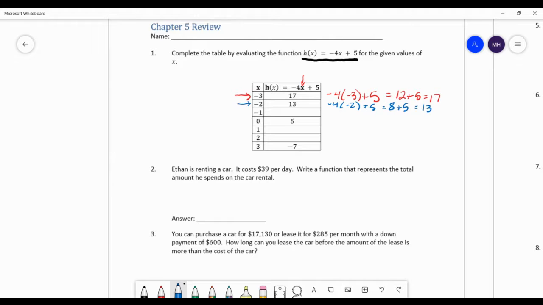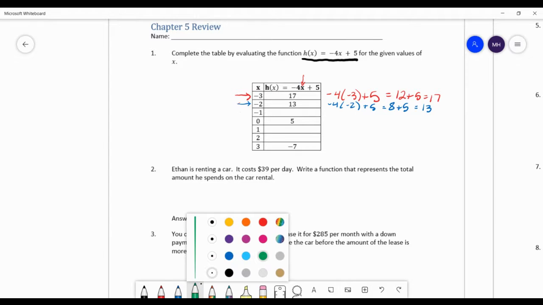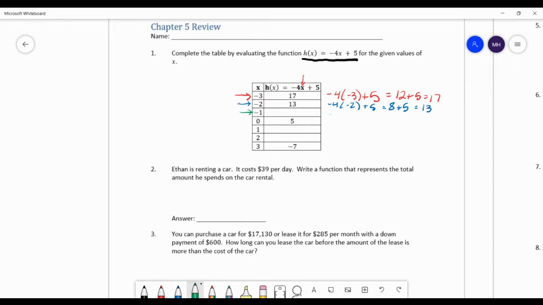Okay, so we're just going to keep that going. For the next one, -4 times -1 plus 5. So -4 times -1 is 4. So our first answer here would be 9. Okay, 0 is done for us. So for 1, we'll do 4 times 1 plus 5. That's 4 plus 5, which is 9.